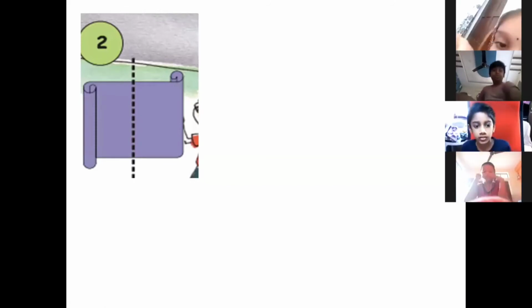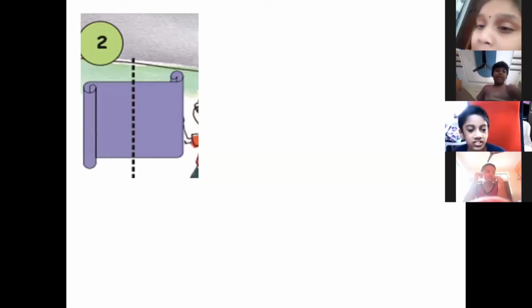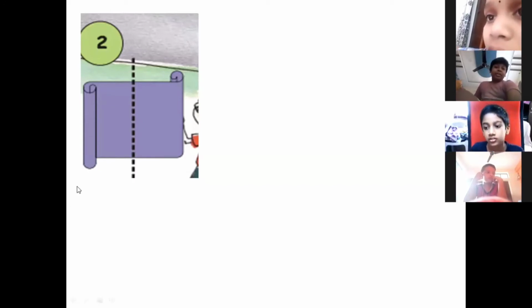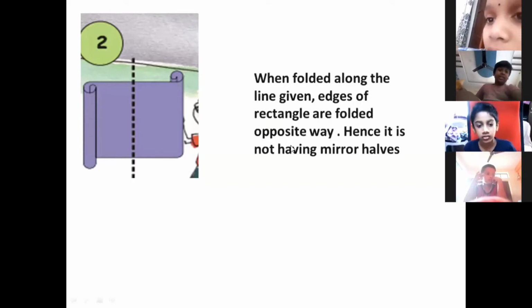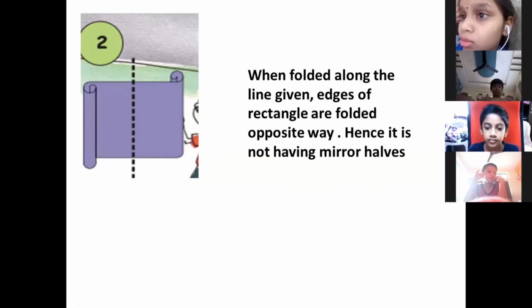What is the reason? Ma'am, the roll is uneven. Yes. When you fold it along the dotted line, one half does not exactly cover the second half. So the edges of the rectangles fold the opposite way. Hence, it is not having a mirror half.